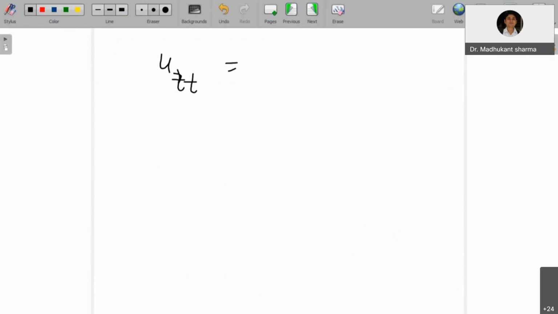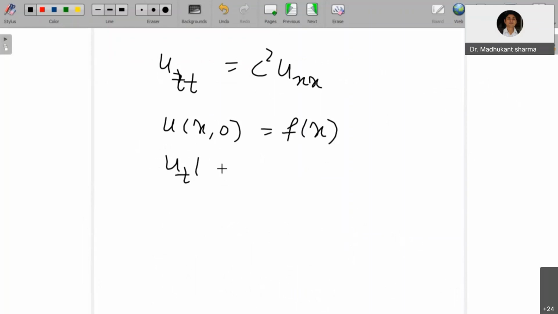So utt equals c squared uxx, with initial conditions u(x, 0) equals f(x) and ut(x, 0) equals g(x), the initial velocity.